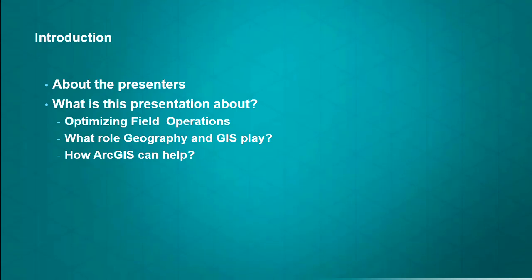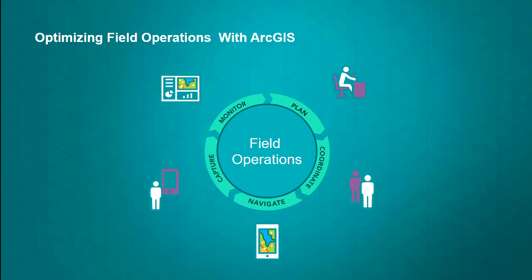So we will basically go through an overview of the different aspects of field operations where ArcGIS tools can help. Don't think of this just as the tools you use to actually capture the data, but the entire workflow, starting with planning. How can I figure where people need to go? What GIS and ArcGIS can do for me to help me plan field operations. Coordinate the work. So say people are in the field.